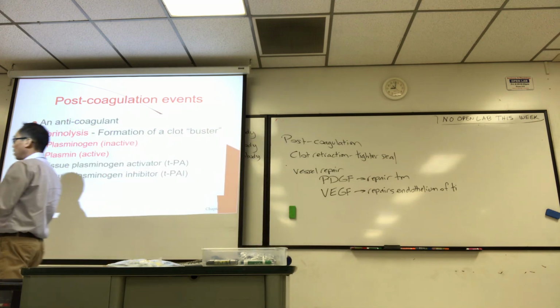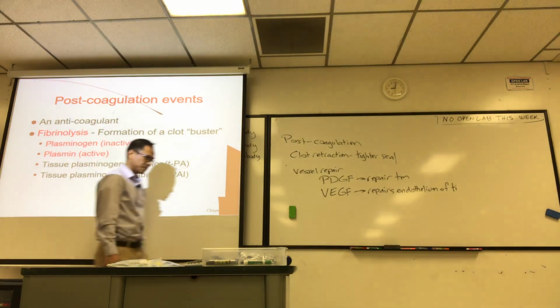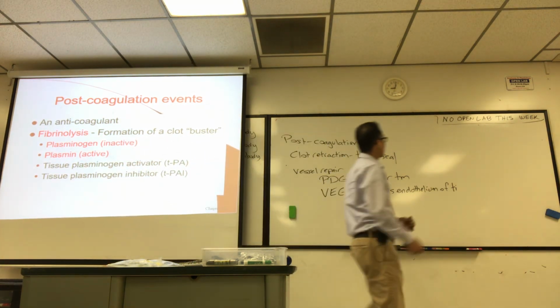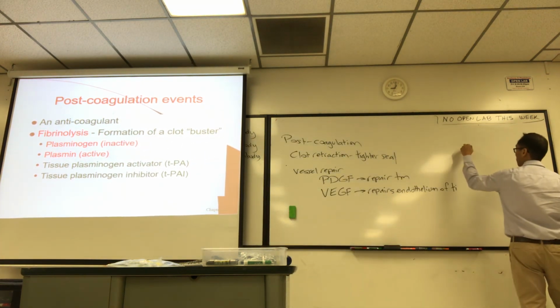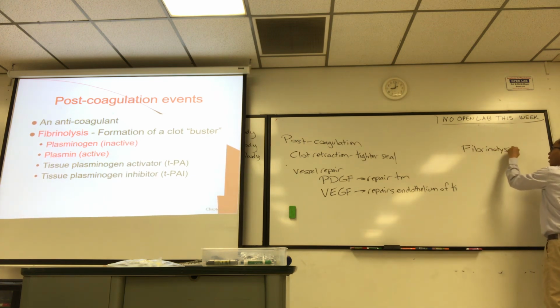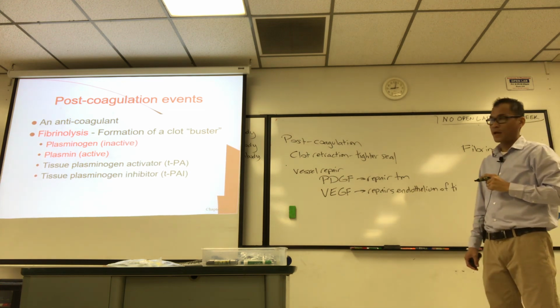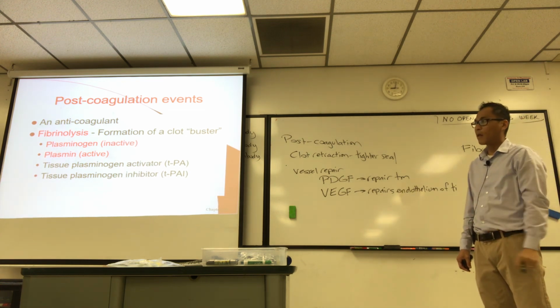Then what do you got to do? Well, okay, you repaired the tunics. Now you got to get rid of the clot. So you need a clot buster when it's all said and done. So that's called fibrinolysis. Clot buster. Plasmin is the thing. That's your clot buster.